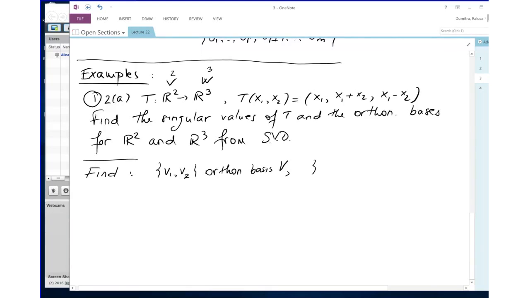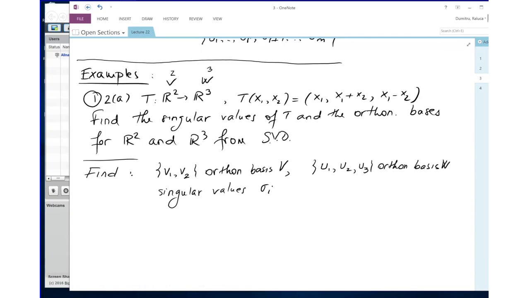And an orthonormal basis for W, those would be the u's, u1, u2, u3. And those, sigma.